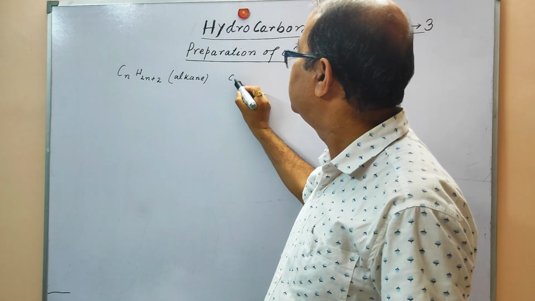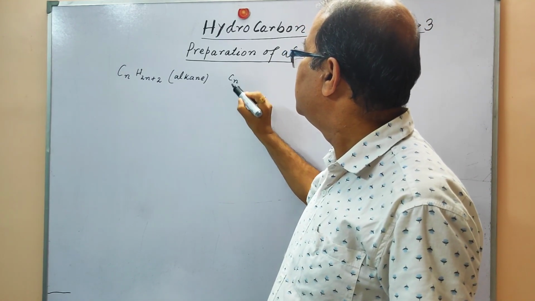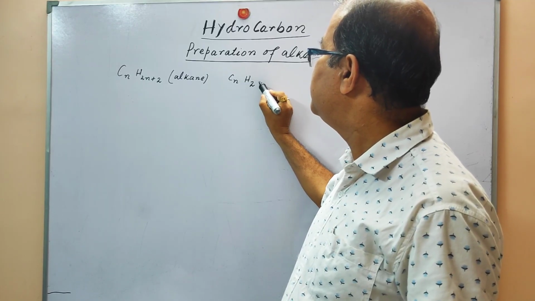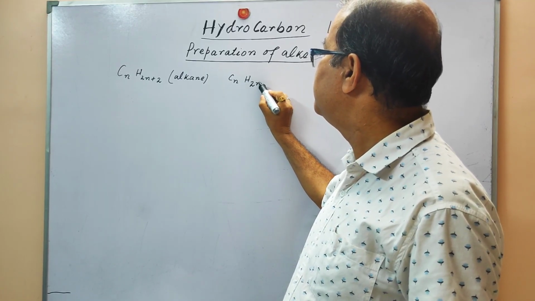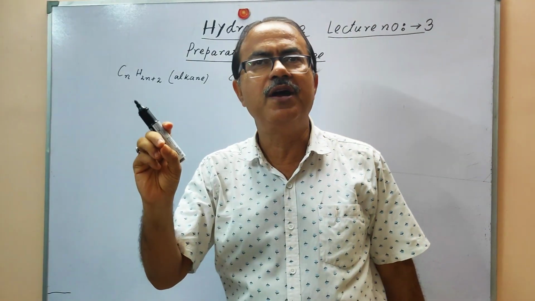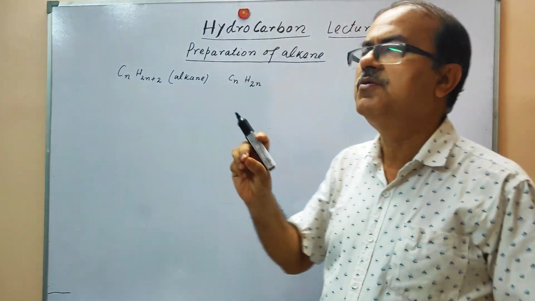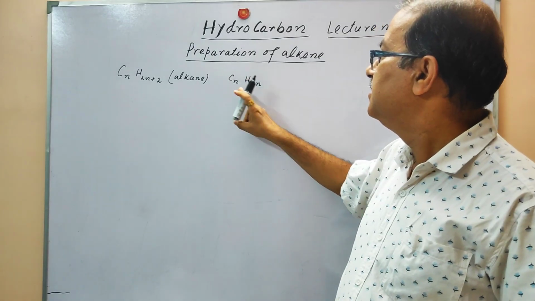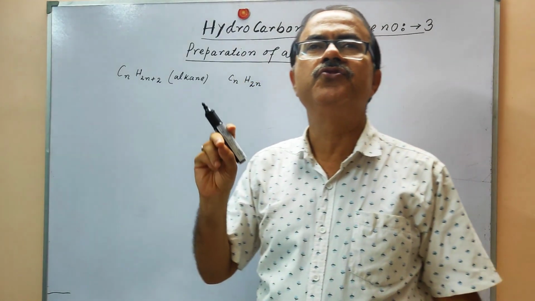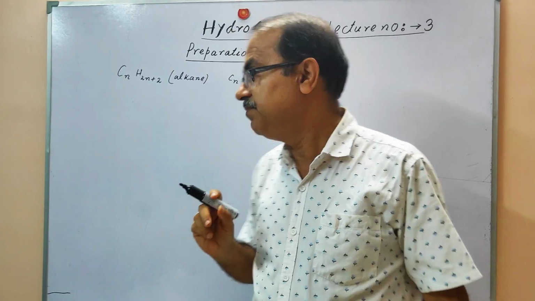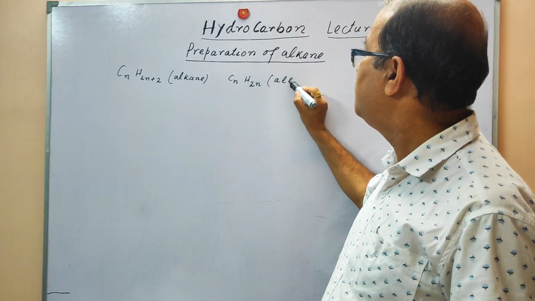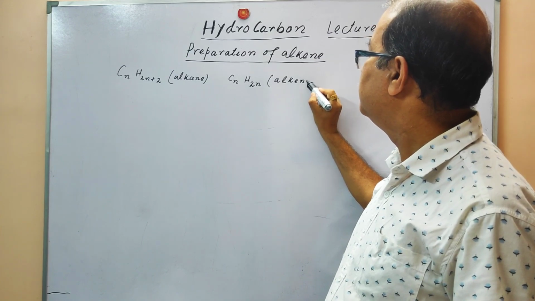So the general formula will be CnH2n, where n stands for the number of carbon atoms in the hydrocarbon and 2n is the number of hydrogen atoms. So this is the general formula of alkene.